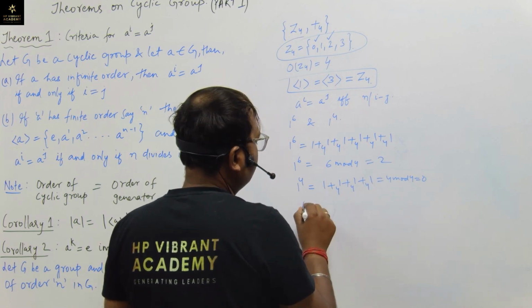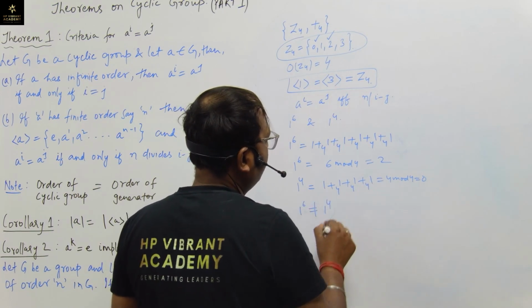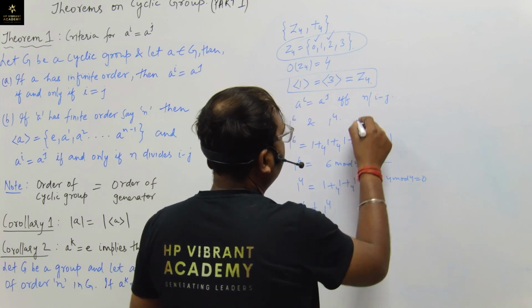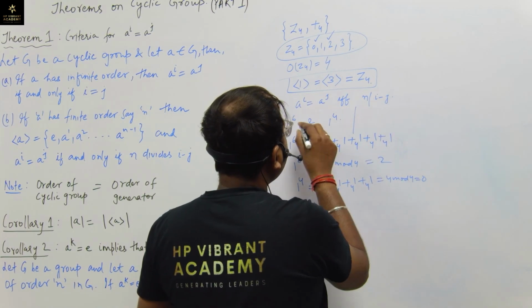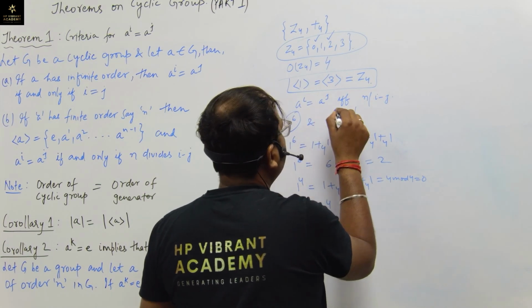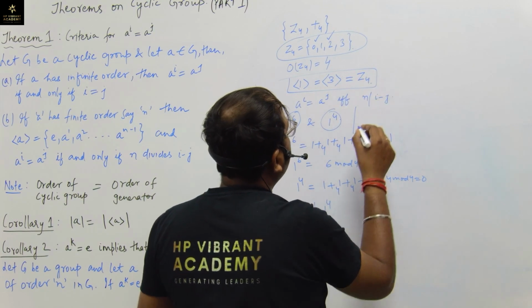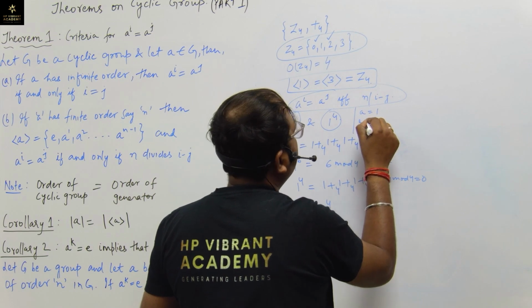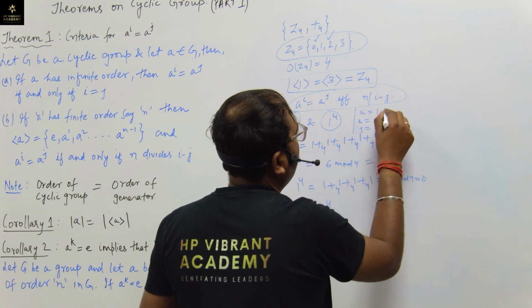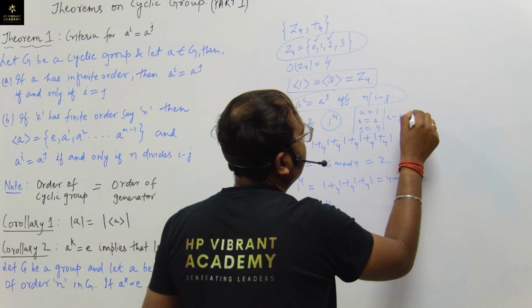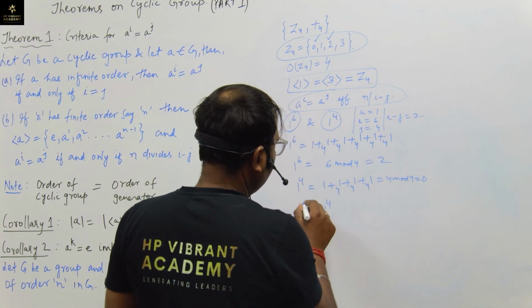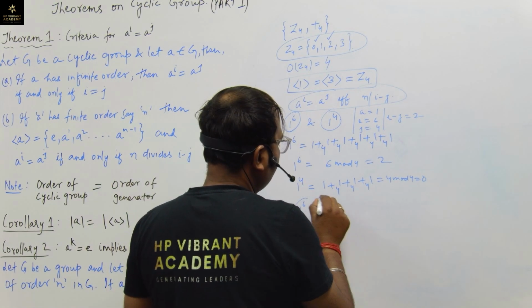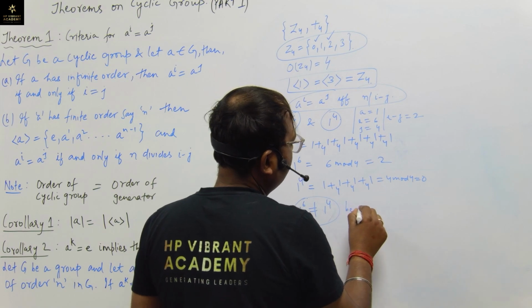So 1 to the power 6 is not equal to 1 to the power 4. Based on the expression, we have a equal to 1, i equal to 6 and j equal to 4. So i minus j is 6 minus 4, which is 2.